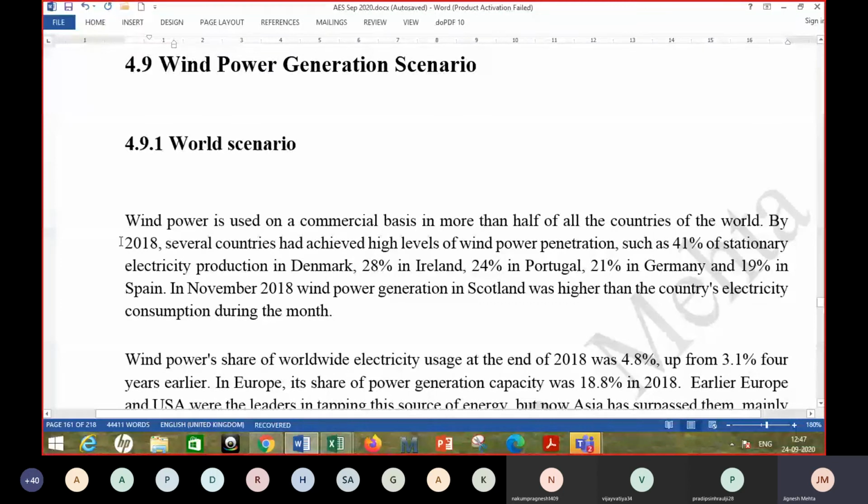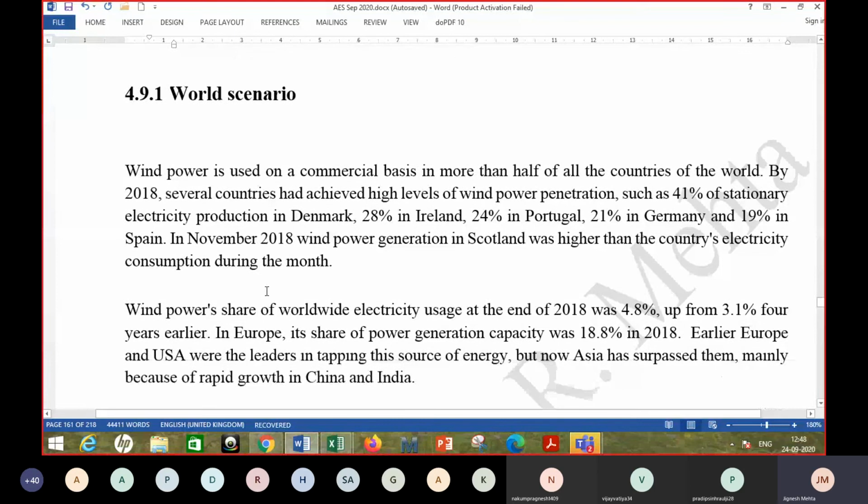By 2018, several countries had achieved high levels of wind power generation, such as 41% of electricity production in Denmark, 28% in Ireland, 24% in Portugal, 21% in Germany, 19% in Spain, and so on. In November 2018, wind power generation in Scotland was higher than the country's electricity consumption during the month.